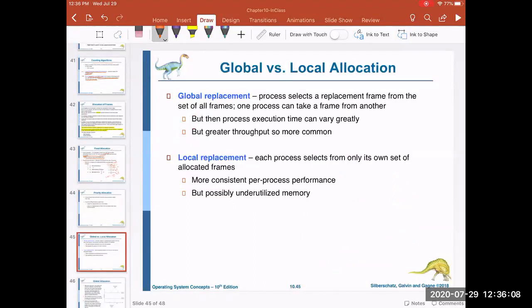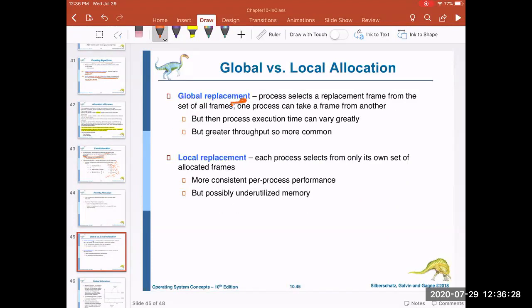There are two types of replacement, global and local. Here we will be talking about global replacement. The process selects a replacement frame from the set of all frames.